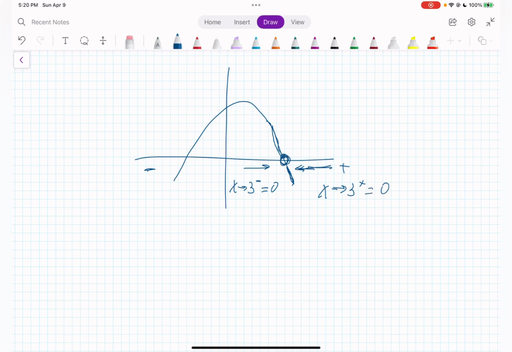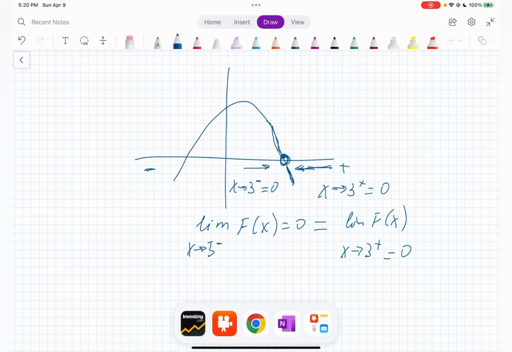Which means the limit of f of x when x approaches 3 from the negative side is equal to 0, and the limit of f of x when x approaches 3 from the positive side is still equal to 0. That means there is an equal sign between them, and that means we have a limit, and the limit is going to be equal to 0.